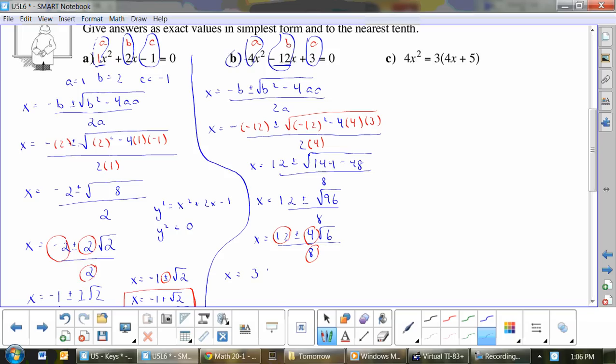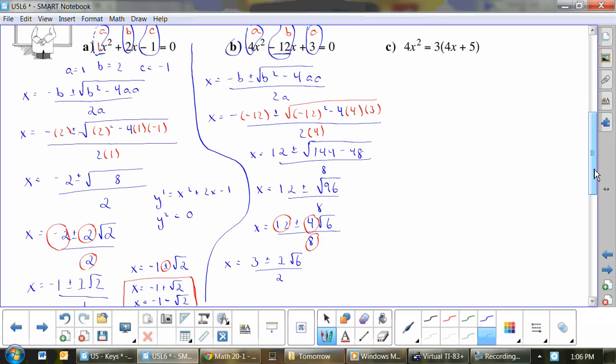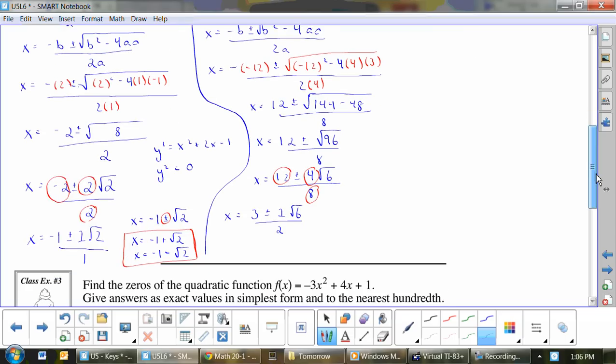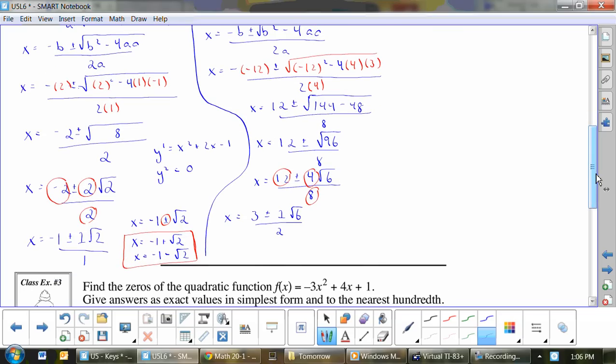So we'll go 3 plus or minus 1, the square root of 6. We're just showing every step. Okay, and then we get that our answers are x is equal to 3 plus the square root of 6 over 2 and x is equal to 3 minus the square root of 6 all over 2.